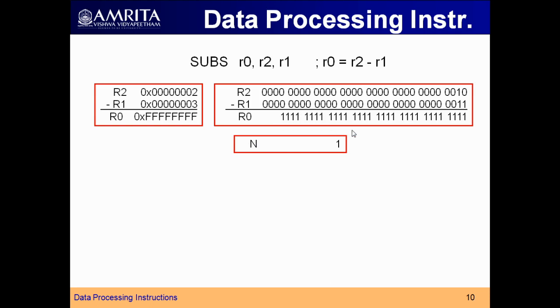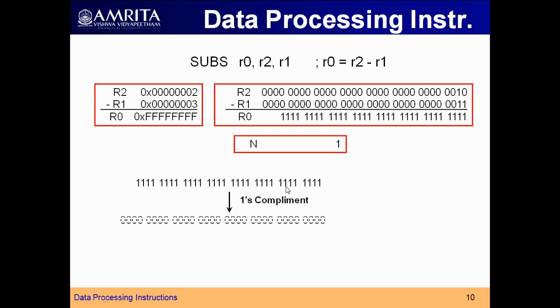Then we will see how we get back the actual number from this 2's complement form. So let us take this as your 2's complemented number. How will you get back the actual number from this? Take 2's complement of this 2's complement. Right, how will you take 2's complement? First take 1's complement. 1's complement of this number means all the 1's will be replaced with zeros. Then to this 1's complement you are adding 1.